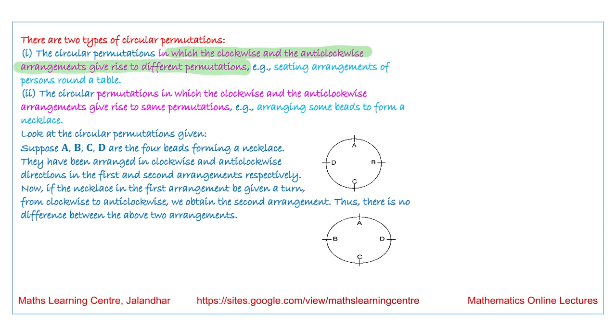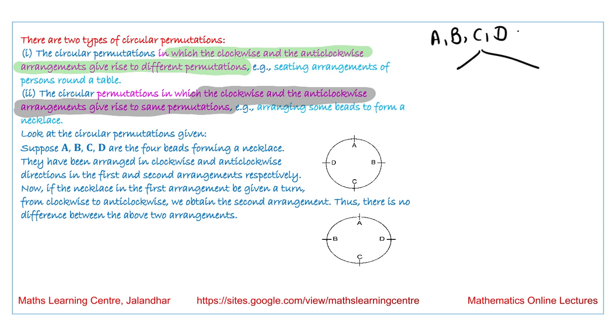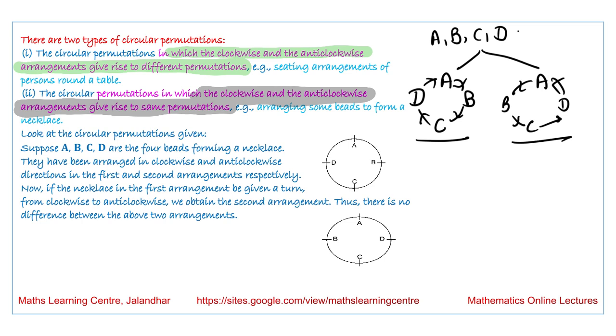And second, the clockwise and anti-clockwise arrangements give rise to the same permutation. Suppose we have four persons A, B, C, D. We can ask them to sit in clockwise direction, A, B, C and D, or they may sit in this way, A, B, C and D. So both these arrangements represent different arrangements.